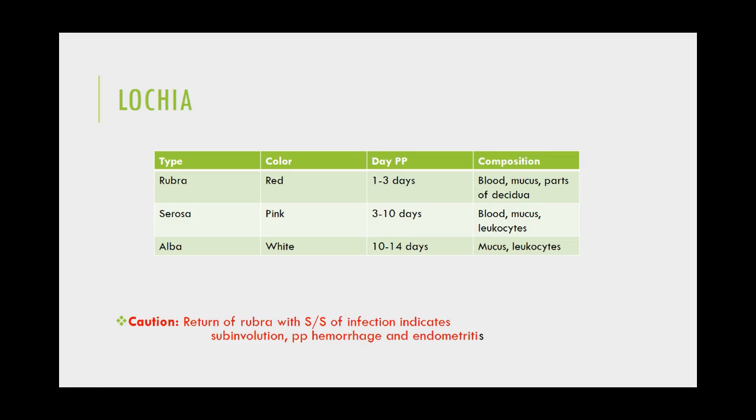And alba is white, and it occurs days 10 through 14 postpartum, and it's composed of mucus and leukocytes, so the blood should be gone with alba. A cautionary thing to note here is that moms who have a return of lochia rubra with signs and symptoms of infection, that can indicate that there is some subinvolution going on, possible postpartum hemorrhage, and or endometritis happening. And those are things that would need to be reported back to our doctor.